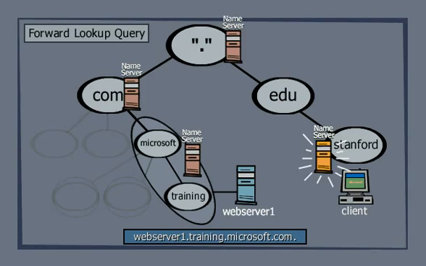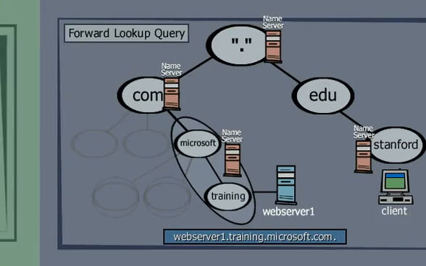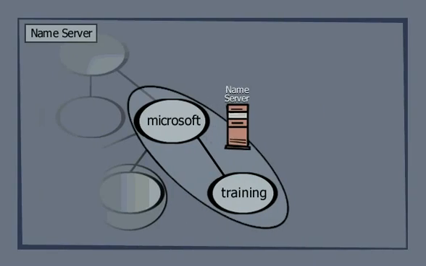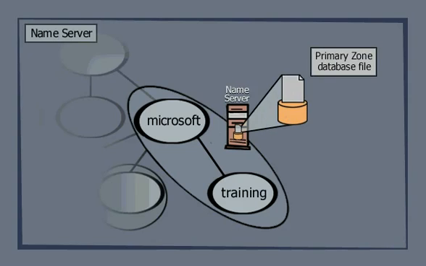As you have seen, a local name server may send out numerous queries to finally resolve a fully qualified domain name to an IP address. DNS, or the Domain Name System, is an integral part of client-server communications in TCP/IP networks. The domain namespace may be divided into zones for administrative purposes.